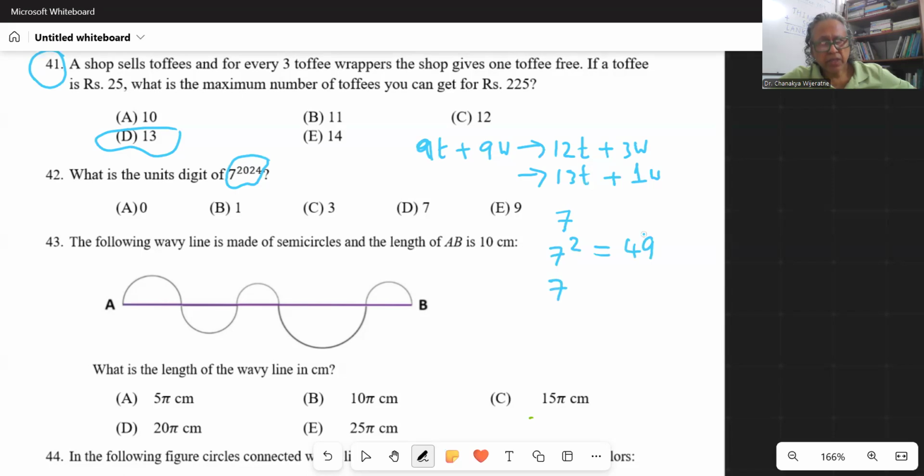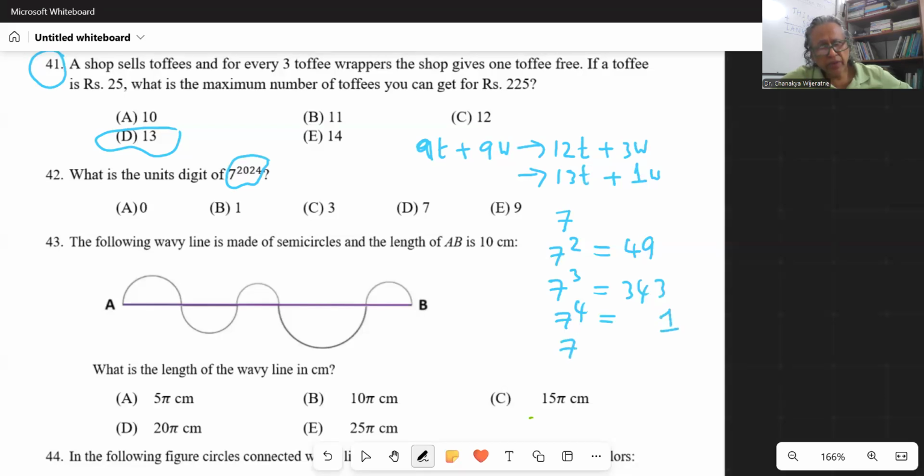And 7 to the 3, we need to multiply this by 7. So we get 7 times 9 is 63, 3 there, and 7 times 4 is 28, plus 6 is 34, so 343. And 7 to the 4: now we can see that the next units digit is 1.